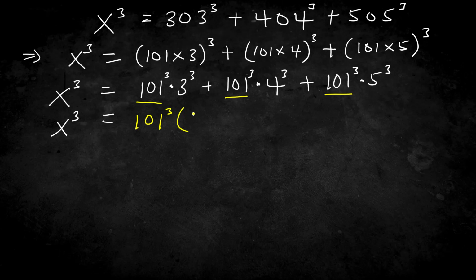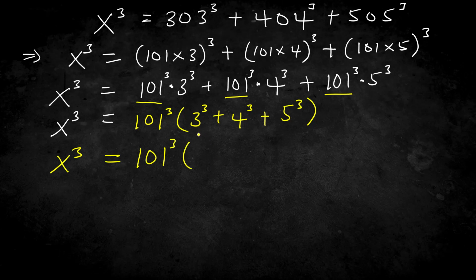This side will be 3 to the power 3, plus 4 to the power 3, plus 5 to the power 3. It's very simple. So this side remains 101.